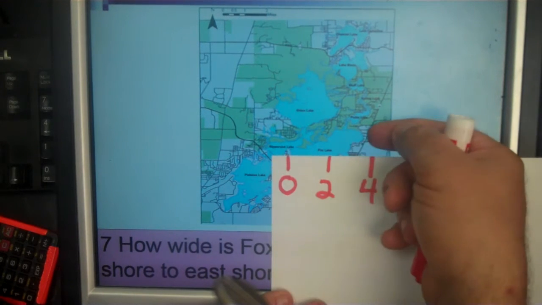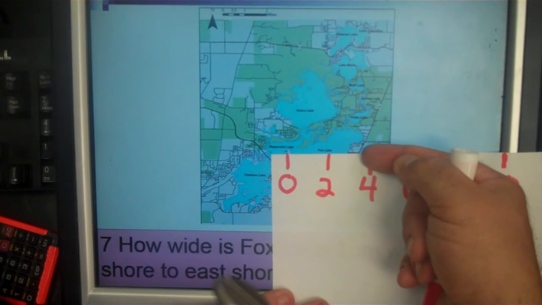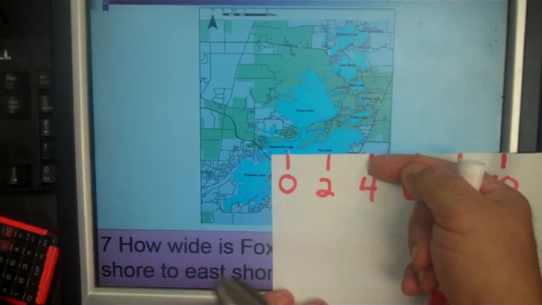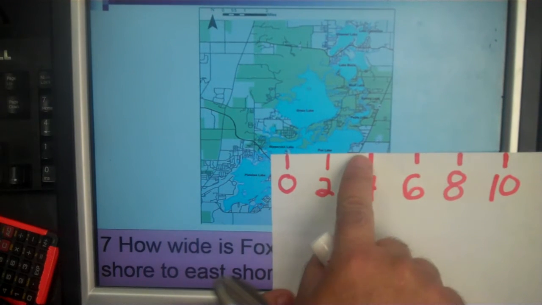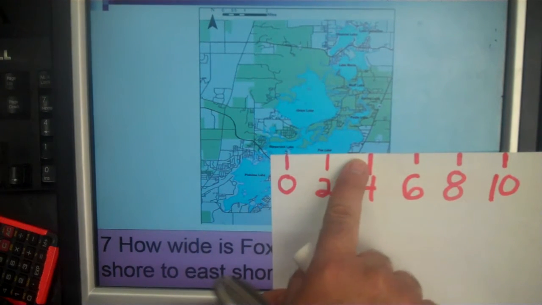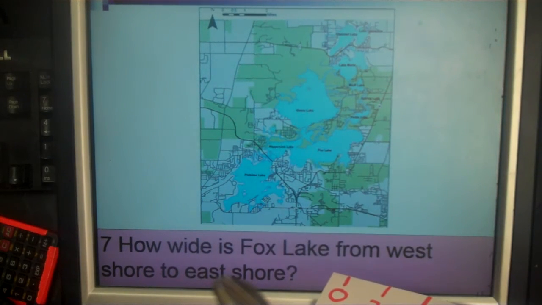And the farthest east shore is right over there, just a little bit short of the 4. So between the 2 and the 4, closer to the 4, you could say 3.7, 3.8, 3.9. All of those numbers are going to be just fine. I'm going to say 3.8 for number 7. 3.8 miles.